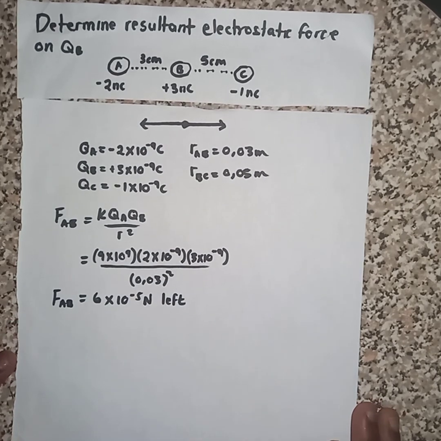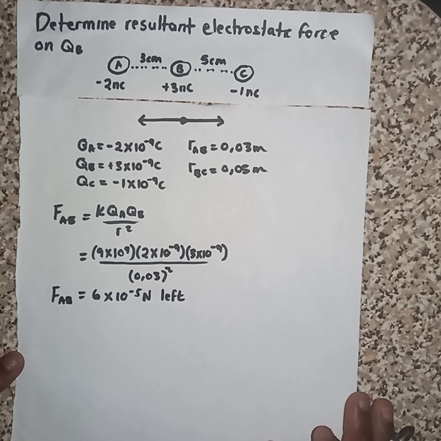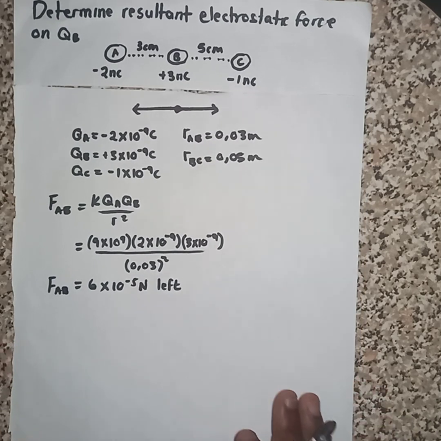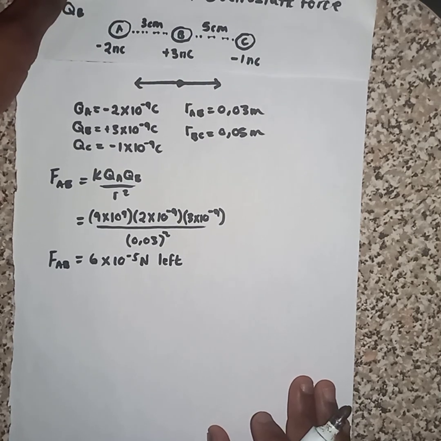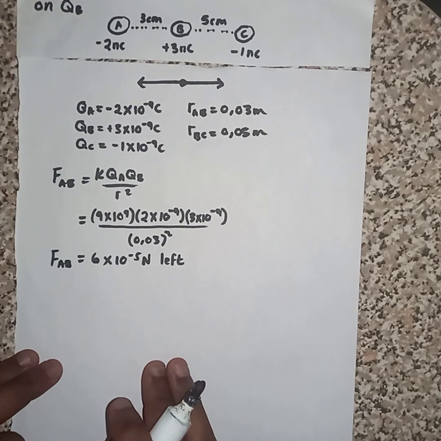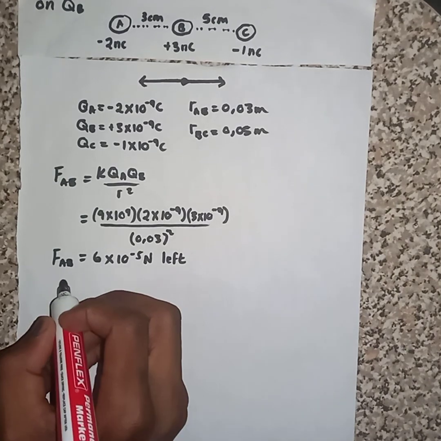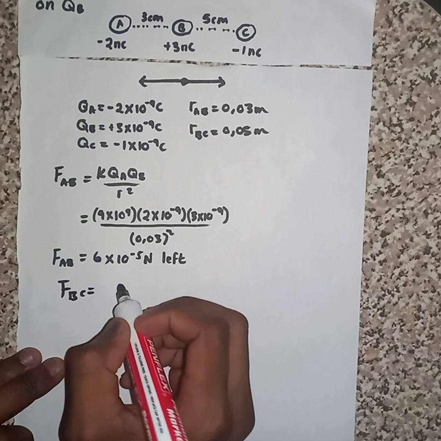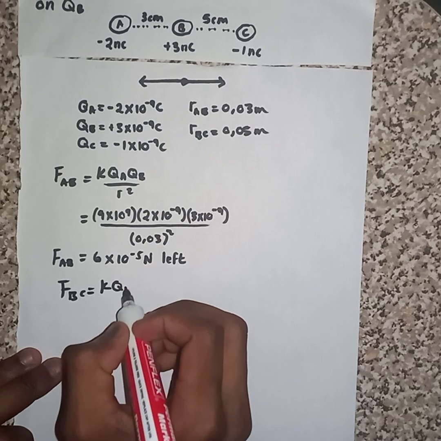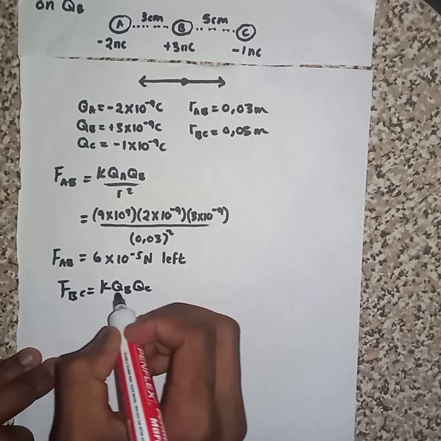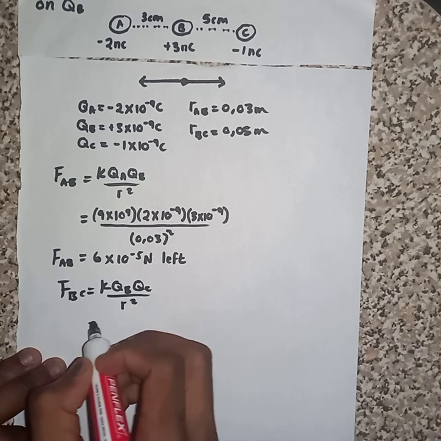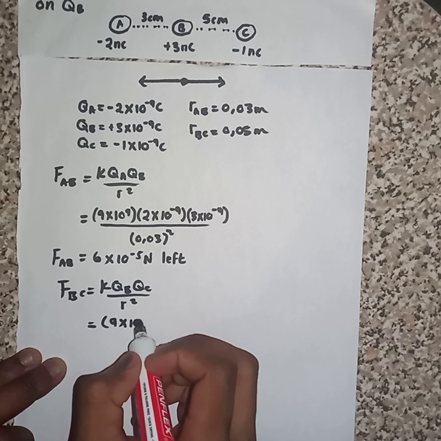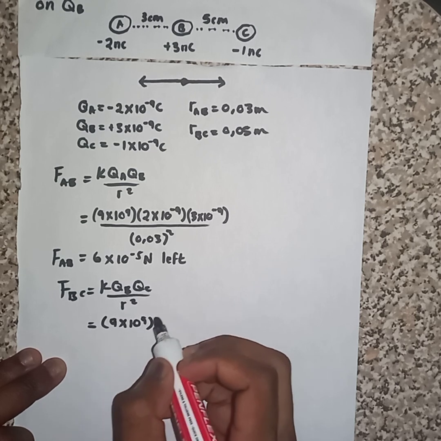At this point, we'll now focus on B and C by saying F between B and C is equal to K QB QC divided by R squared. Our K is a constant value, which is 9 times 10 to the power 9.